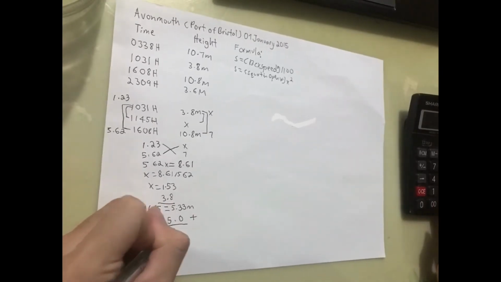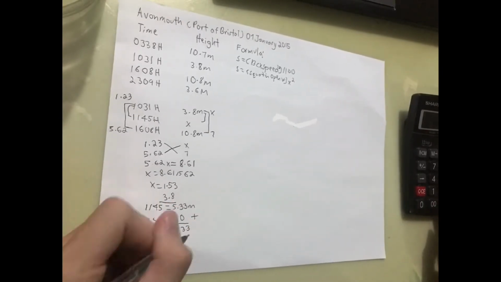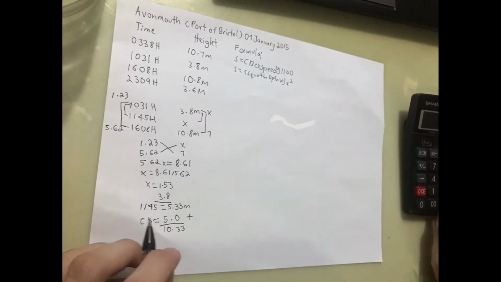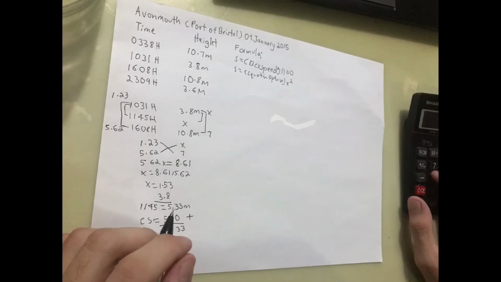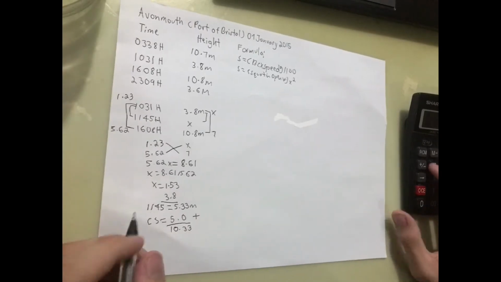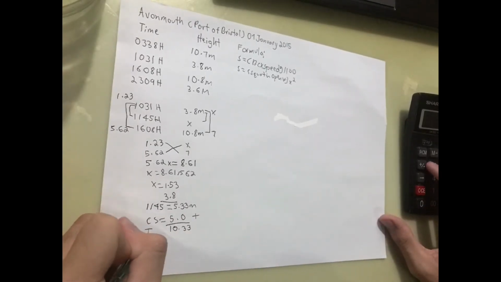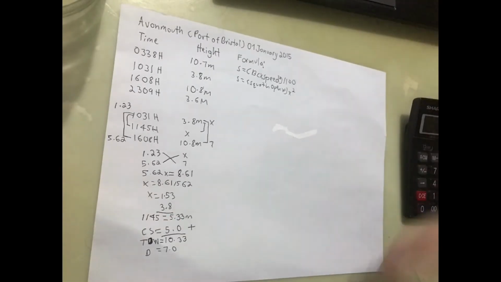The next thing to do is to add 5.33 and 5.0 to get the total depth of the water. Then our TW or total depth of the water is 10.33, and in the scenario there is a given D equal to 7.0.